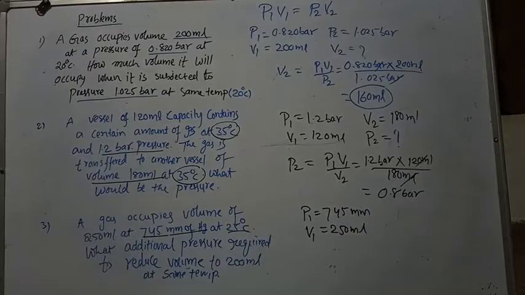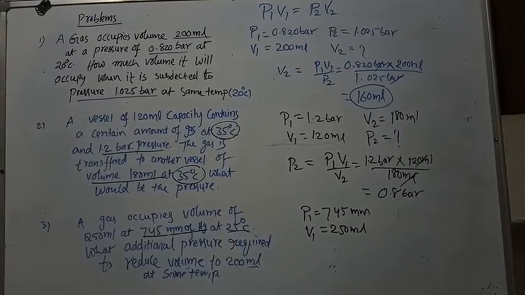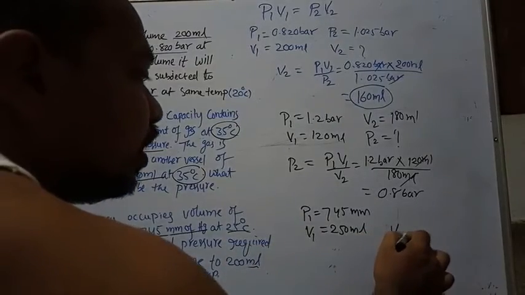What is asked? What additional pressure is required to reduce the volume to 200 ml? Initially 250 is there. He is increasing some pressure, then volume becomes 200 ml.